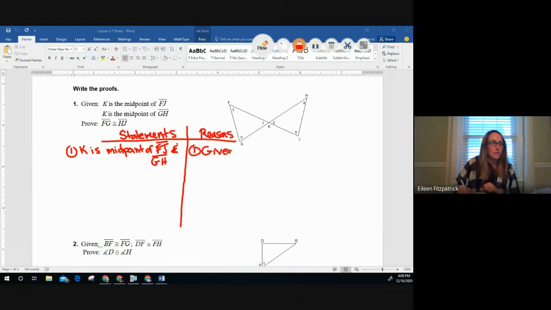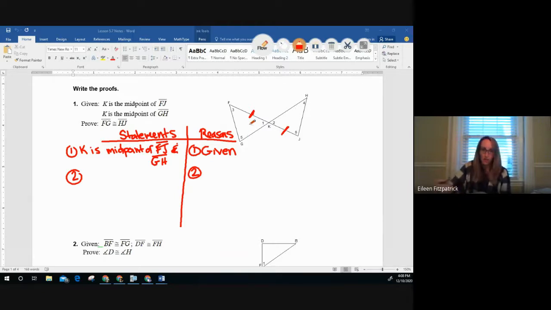All right. So what does that allow you to conclude? If you're told that K is the midpoint of FJ and K is the midpoint of GH, what does that allow you to conclude? Well, if K is the midpoint of this segment, that means that FK is congruent to KJ. Now, I do realize it is not drawn to scale. They do not look congruent, but that's okay. We're just going to go with it. It was a drawing done by me or another teacher, and it wasn't the best drawing.